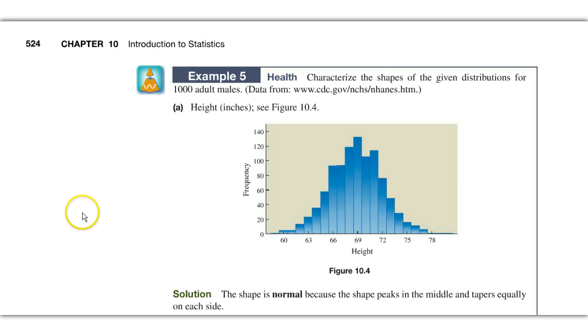So as we look at example 5, we're asked to characterize the shape of this distribution. Well, it seems to have a bell shape, more or less, so this would be normal. Again, hopefully something a little easy for you.